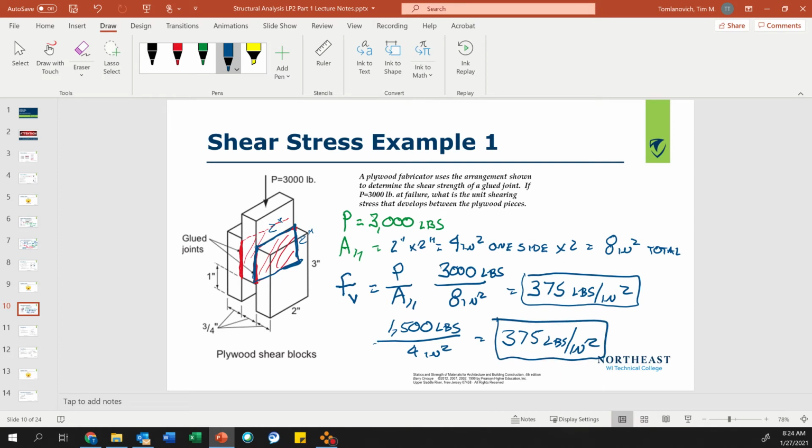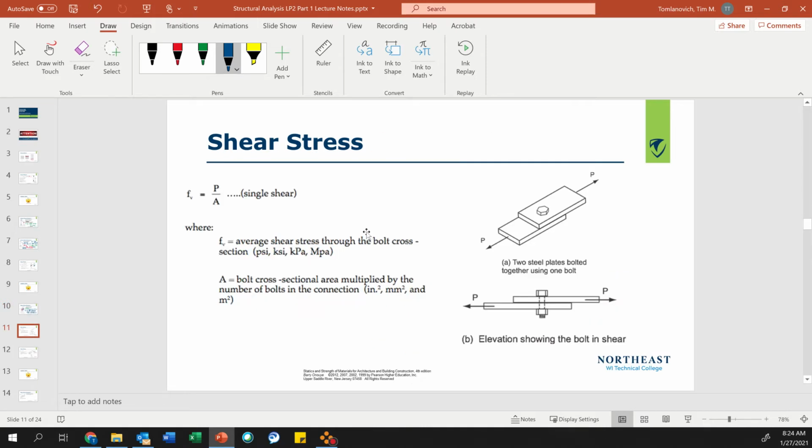Same thing. So that's something to keep in mind, how many areas I have. And remember that the area is parallel to the load vector. That's shear stress.